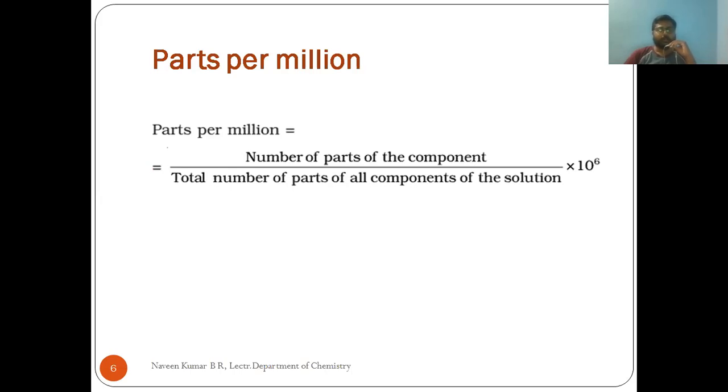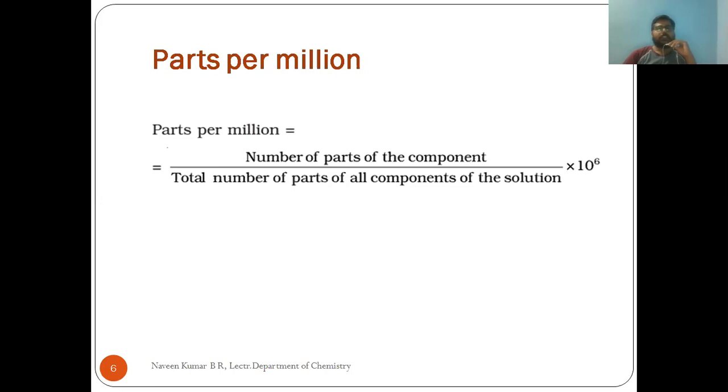For example, the particulate matter in the air, or the pollutants present in the air, or the pollutants present in water. Such trace quantities of solute present in the solution can be expressed by using parts per million.